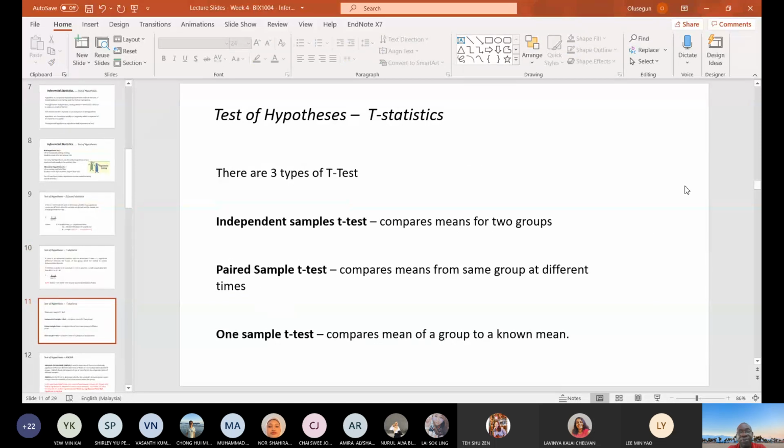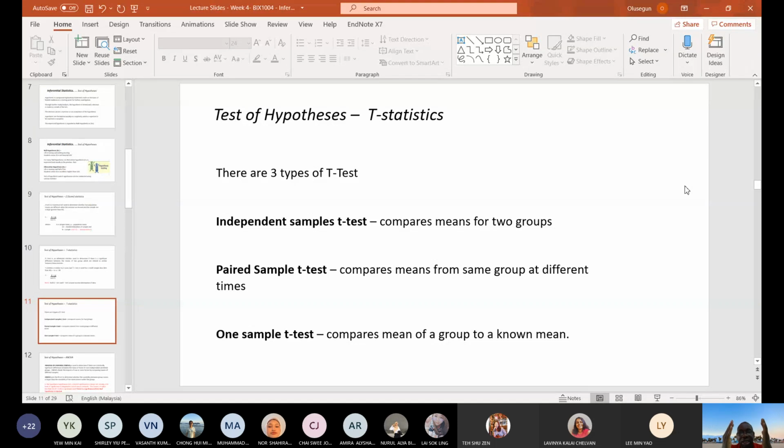Another way of testing hypothesis using T statistics is what we call the independent sample T test, where means of two groups are considered. For example, if you want to look at information about the class, we have two genders: male and female.